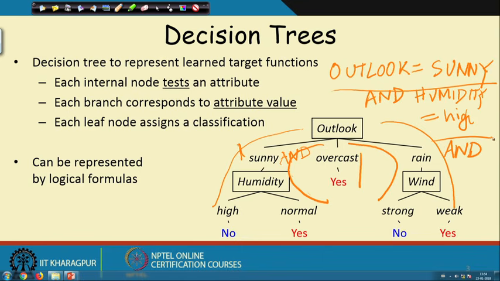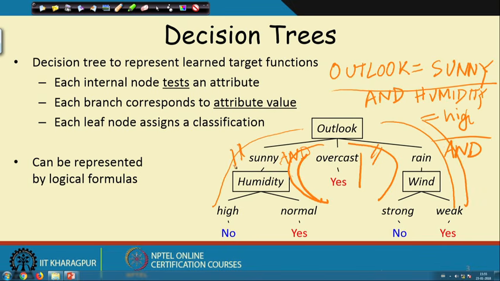So, what I do is write down such AND rules for each branch and connect them by OR. Basically, let me take all the yes branches. This is a yes branch, this is a yes branch, and let me take all the no branches.